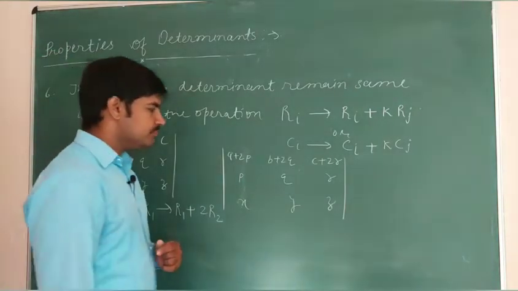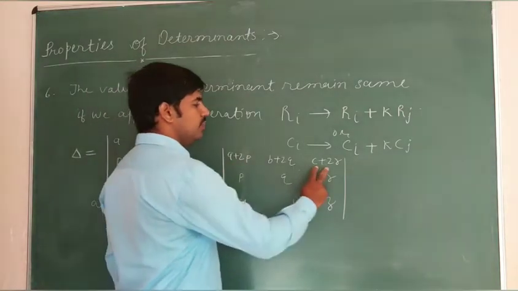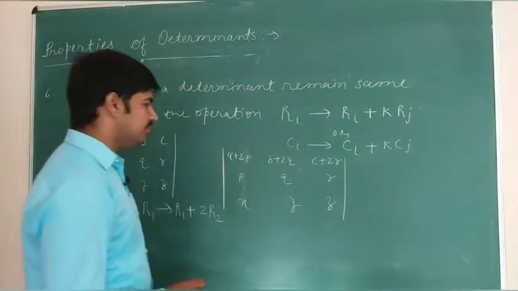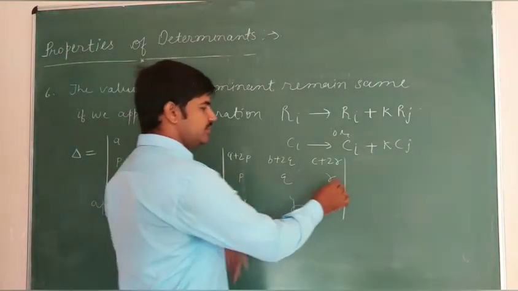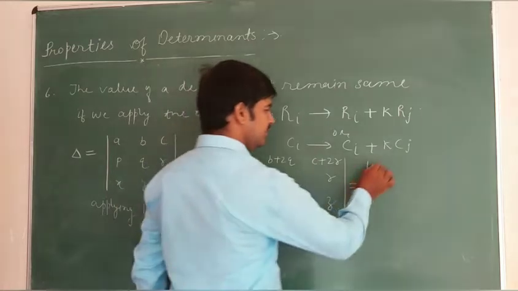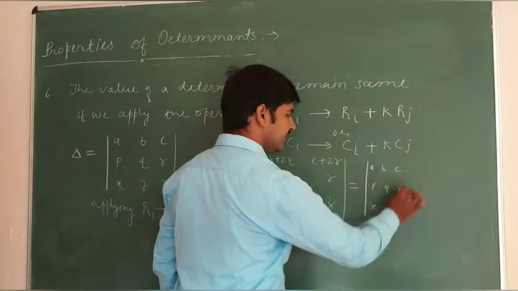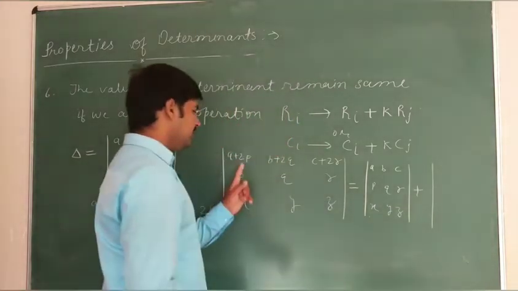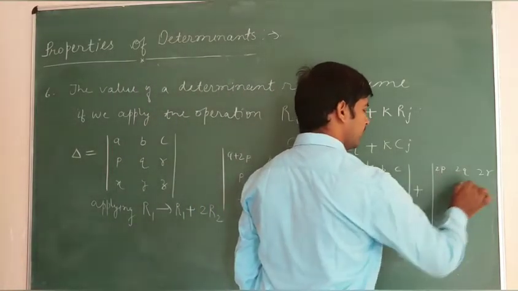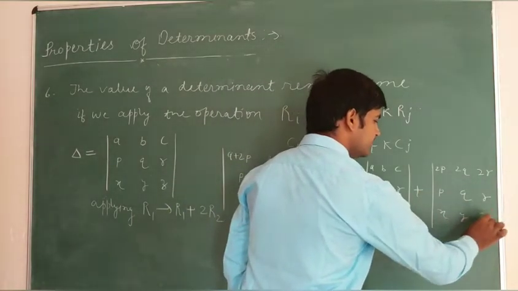Dear students, you know that our previous property was, if all the elements of any row are expressed as sum of 2 terms, then the determinant can be expressed as sum of 2 determinants. So I would express this determinant as sum of 2 determinants. So here I am writing ABC, PQR, XYZ plus the second determinant will be 2P 2Q 2R, and here this is PQR, XYZ.